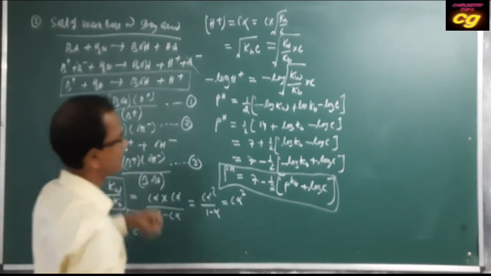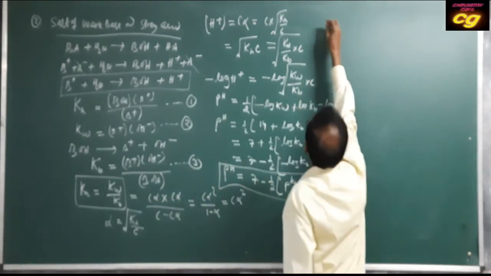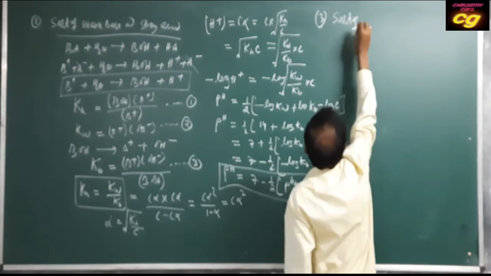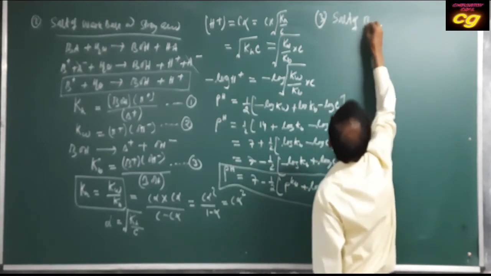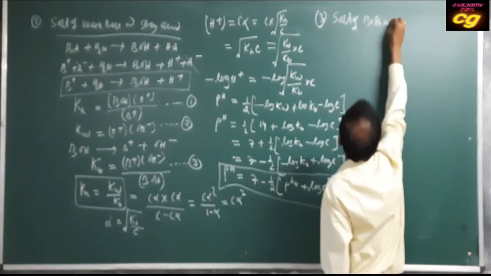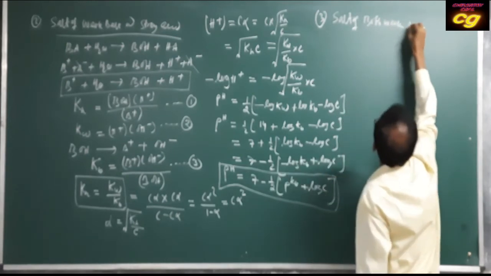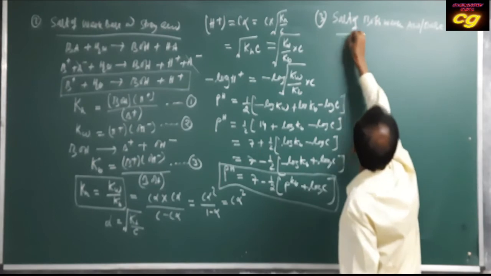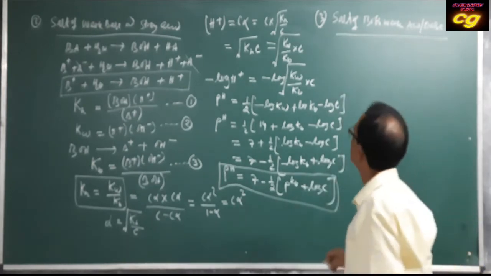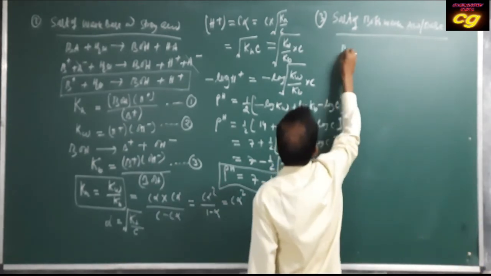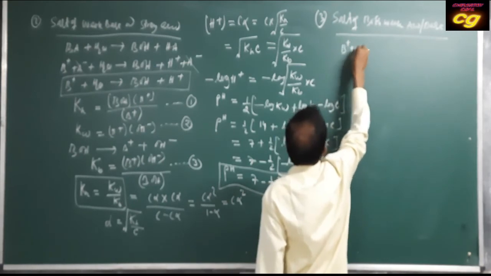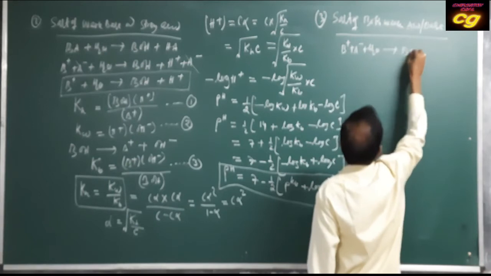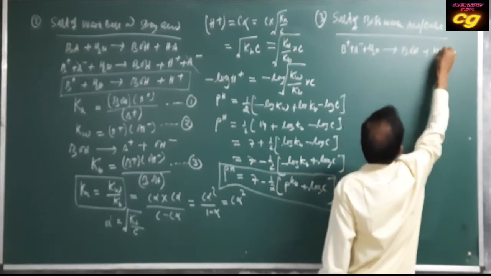If both are weak, here we can directly do it. Third concept, salt of both weak acid and base. When both are weak, let me solve it like this: B plus, A minus, plus water convert to BOH plus HA.